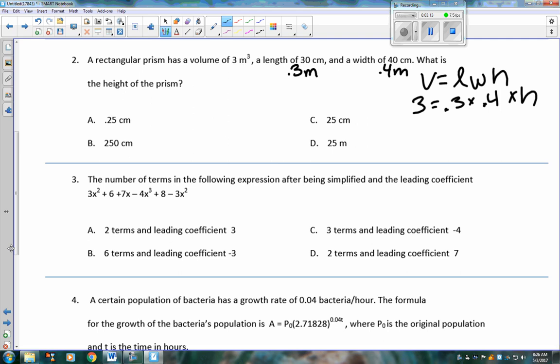So first off, I can multiply 0.3 times 0.4, which gives me 0.12. Divide both sides by 0.12. So what does h equal?